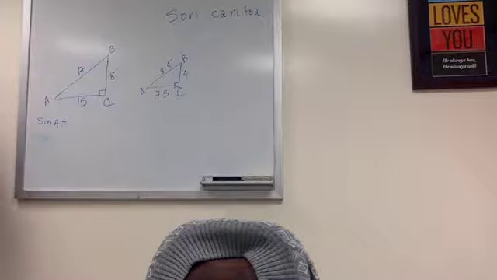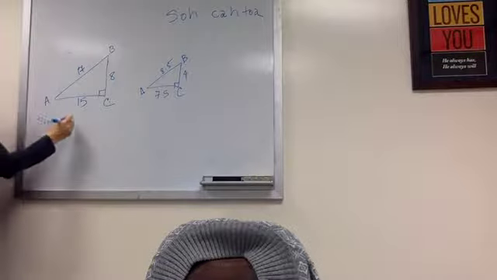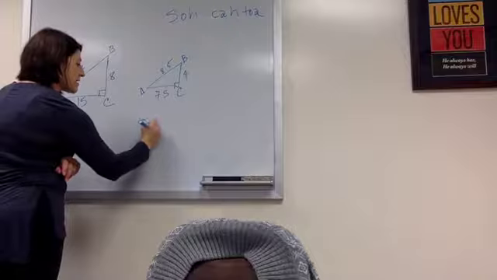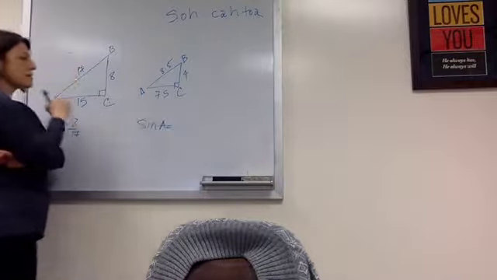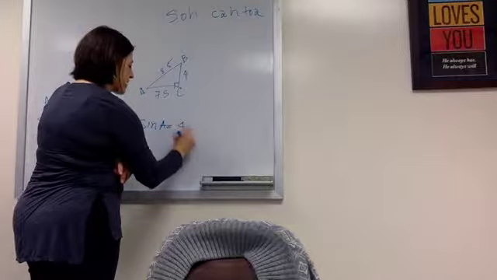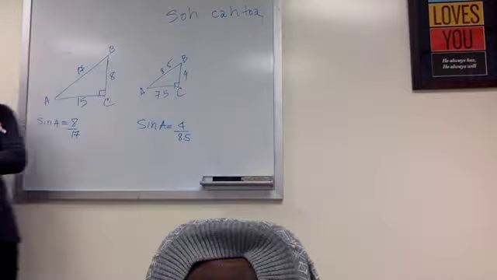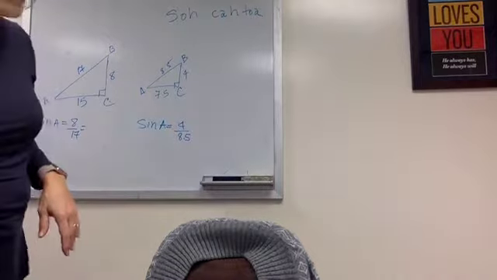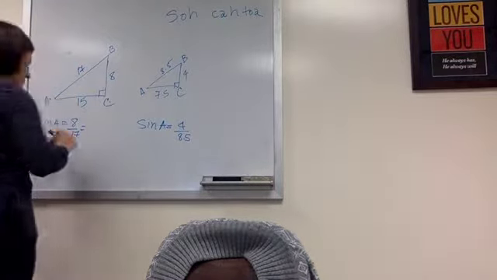Abby, what is sine of angle A in this big triangle? 8 over 17. What's the sine of angle A here? 4 over 8.5. Okay, I want you to get your calculators out and tell me what 8 over 17 is, and then what 4 over 8.5 is.